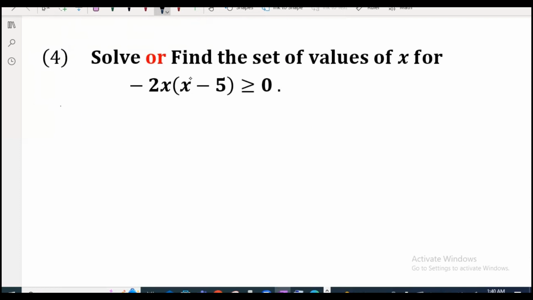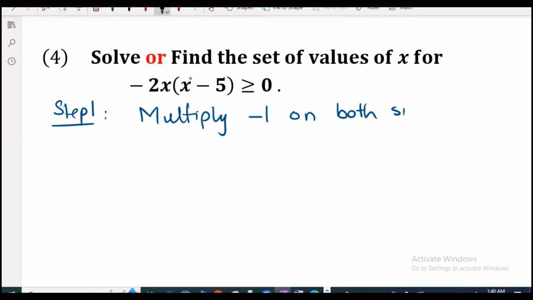For the step number 1. Step number 1 is multiply -1 on both sides to get positive coefficient.